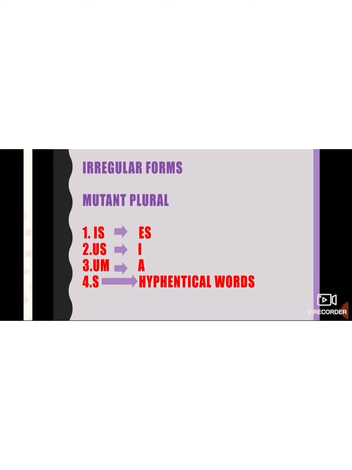For example, thesis, theses. Then -us changes into -i. For example, focus, foci. Then -um changed into -a. So datum changes into data to form a plural. The last one is hyphenated words. That means we have to add -s to the first word to form a plural noun. For example, brother-in-law changes into brothers-in-law.